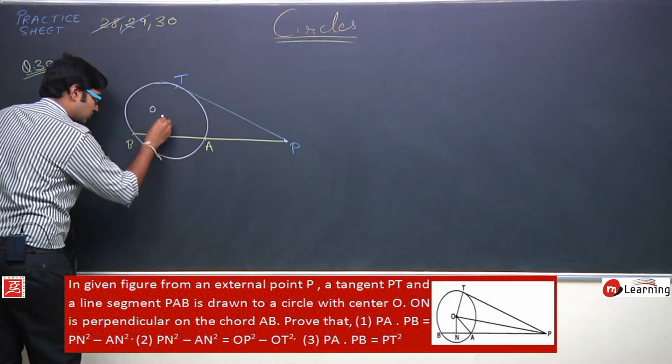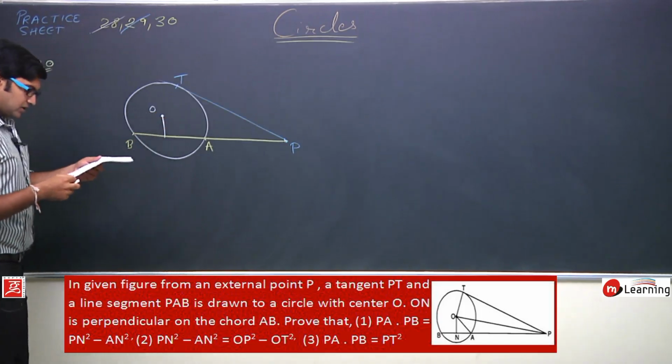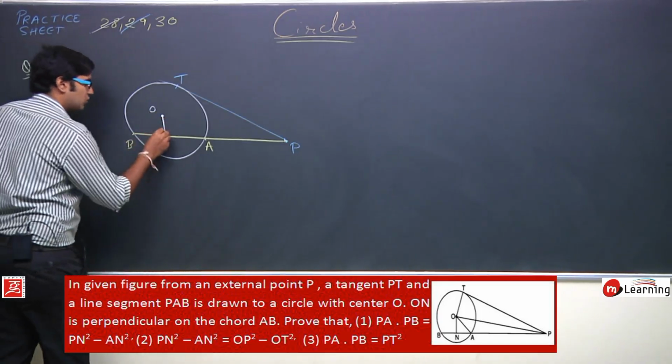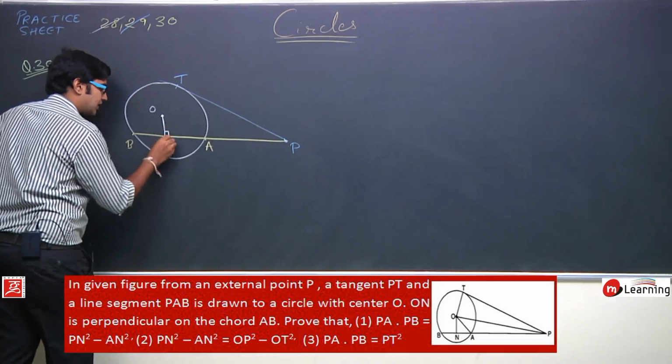It says that ON is perpendicular to chord AB, so this is N.